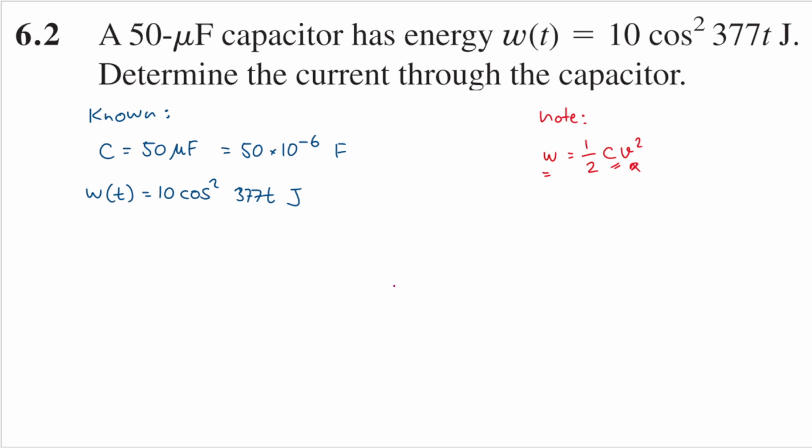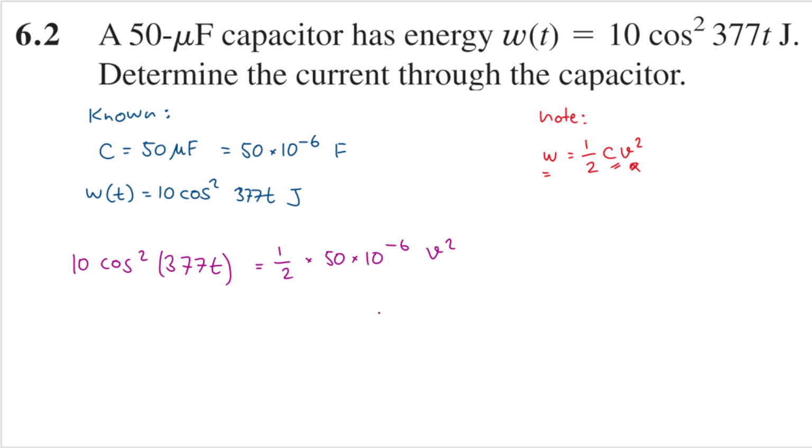Just plug that in: 10 cosine squared 377t, with brackets so we can see clearly, equals 1/2 multiplied by 50 times 10 to the minus 6, multiplied by v squared.